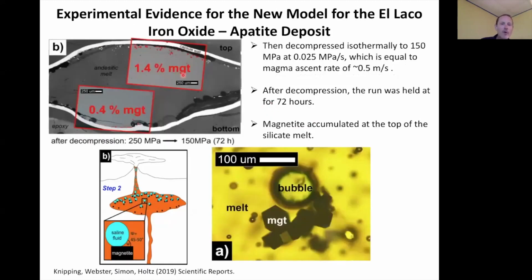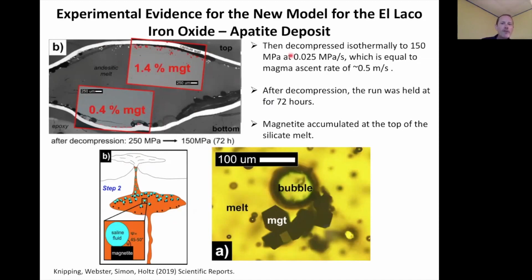But now look what happens when that same andesite is decompressed. So now what we're doing is we're simulating the volcanic eruption or collapse of the system at El Laco here, which results in a huge pressure change in the magma chamber, which essentially creates a vacuum to suck this magnetite fluid suspension to the surface. So focus your eyes top left first.